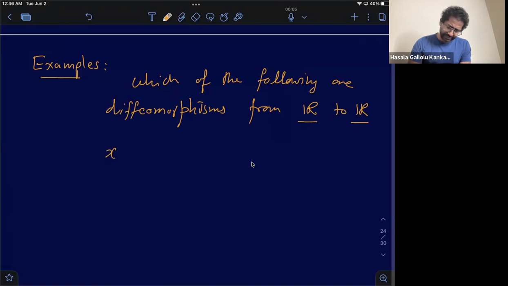I'm going to list a pretty straightforward couple of examples. So consider each as a different function and think which ones are going to be diffeomorphisms.